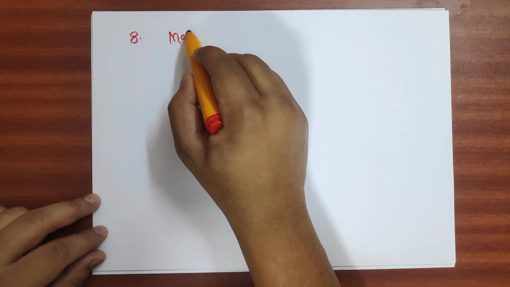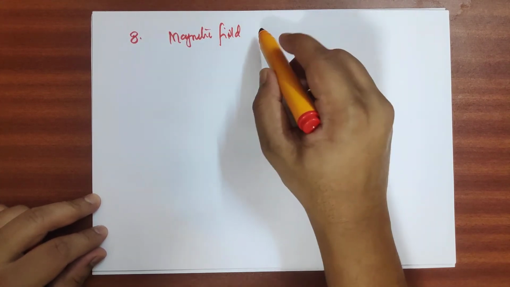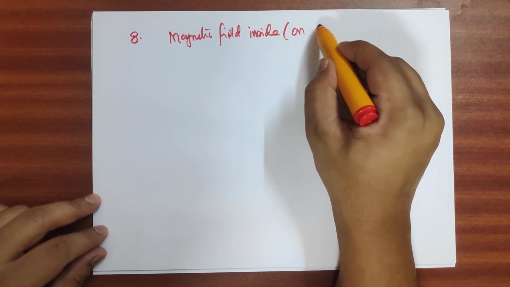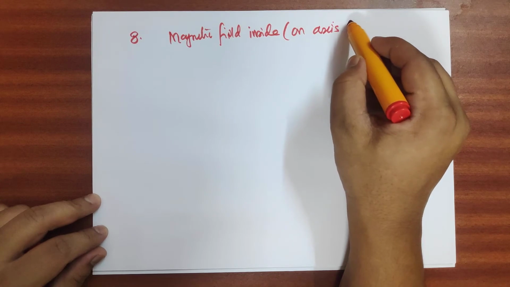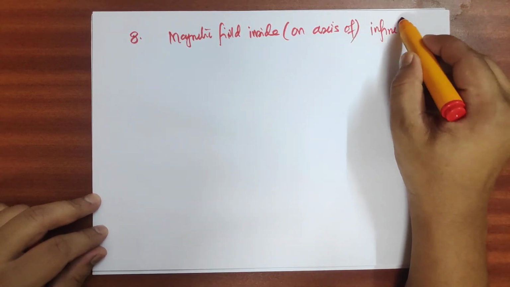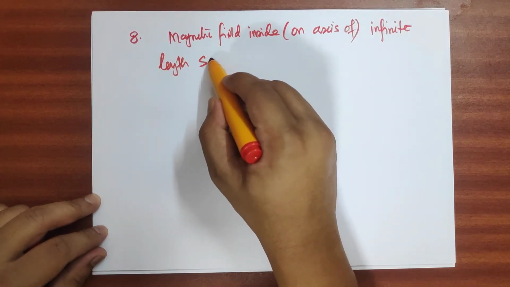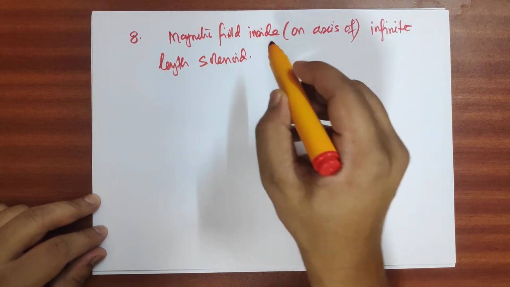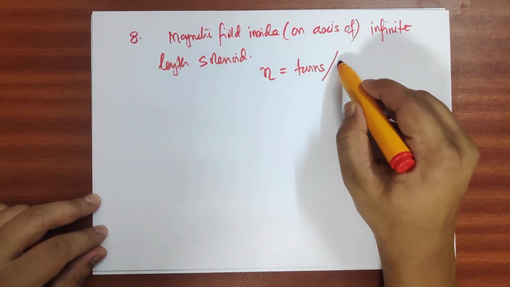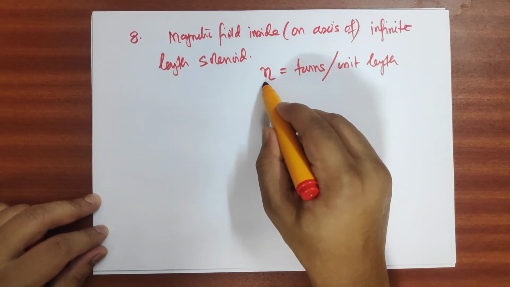Magnetic field inside, that is on the axis of an infinite length solenoid having n turns per unit length and I is the current.